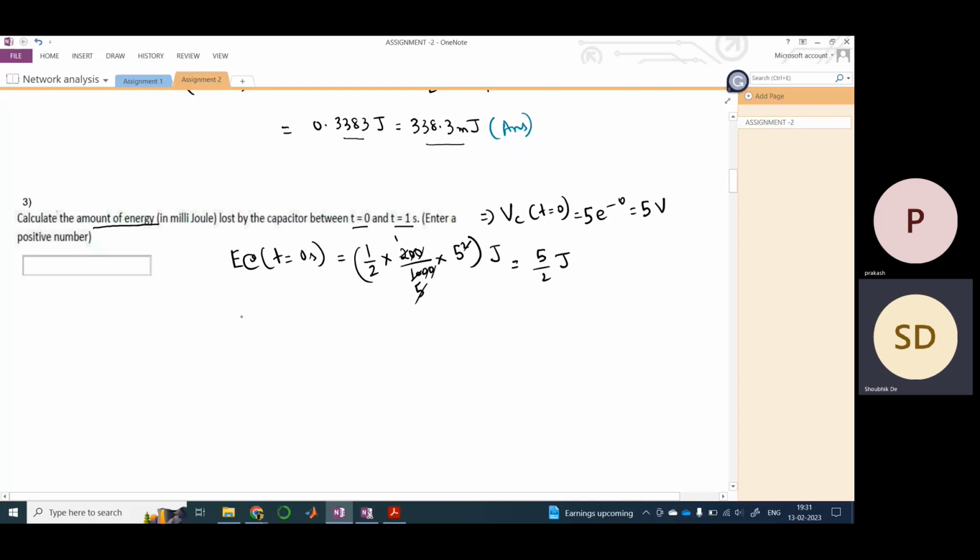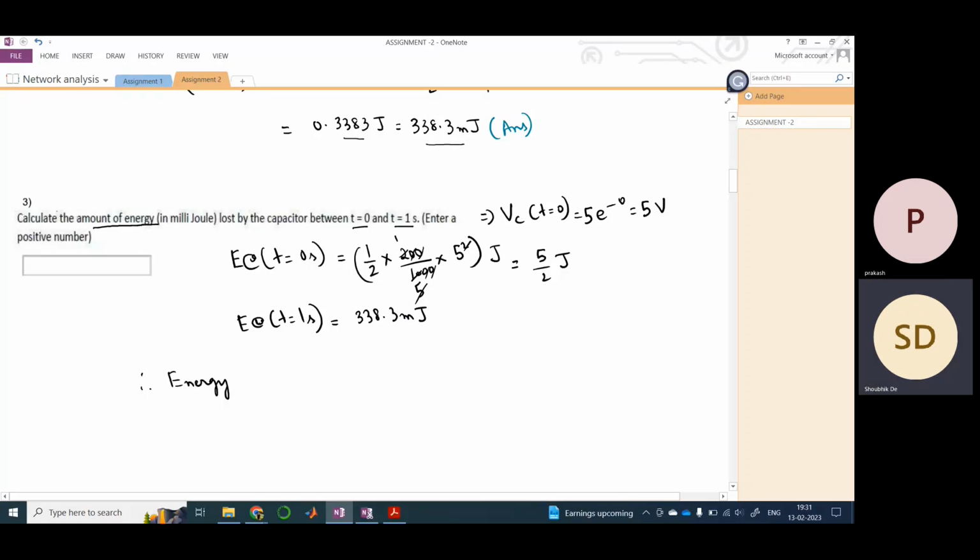And what was the energy that was calculated at t equals 1 second? It was around 338.3 millijoule, right? So what is the energy lost in the process?